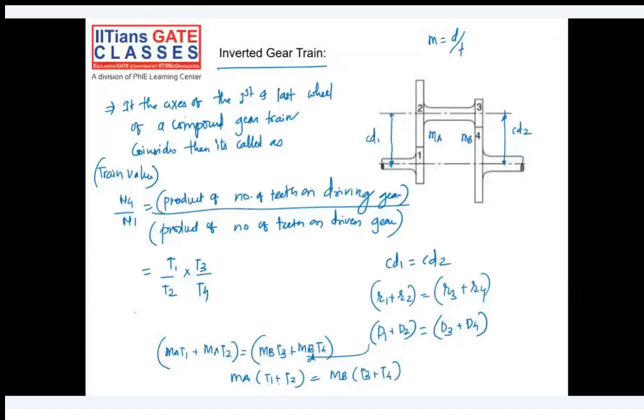And you can solve any problem on the reverted gear train. No, it's not inverted, let's call it a reverted gear train.